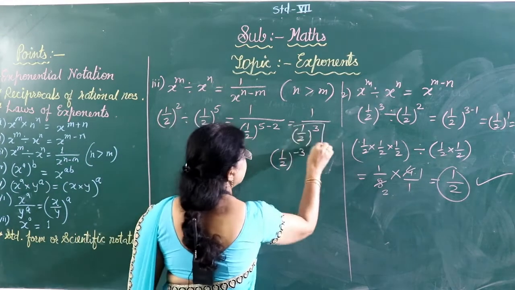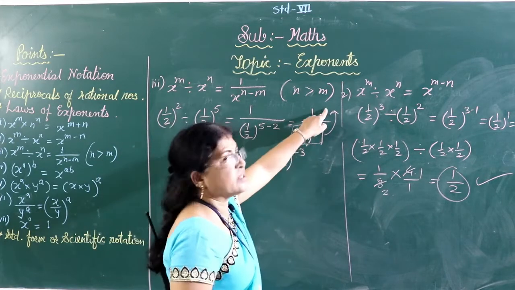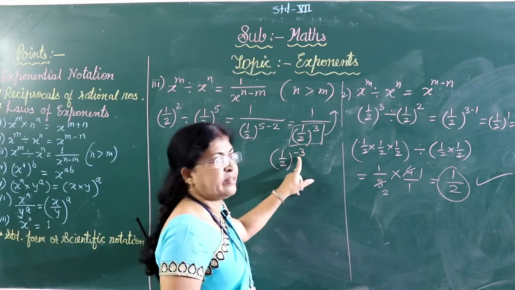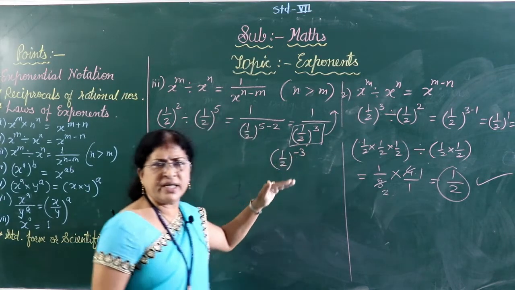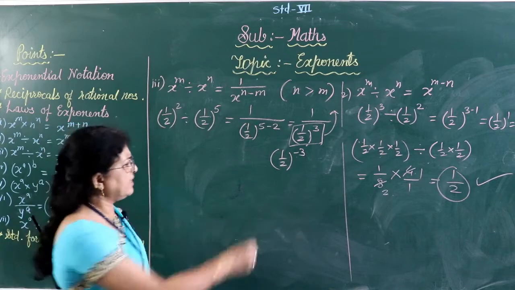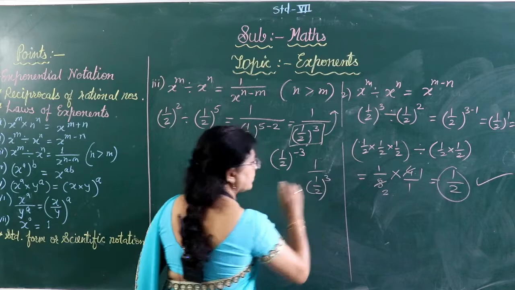When this is shifted to the numerator, we can show it with a negative exponent, and if we want to convert it to a positive exponent, then just write it as 1 upon 1 upon 1 by 2 raised to 3, right?